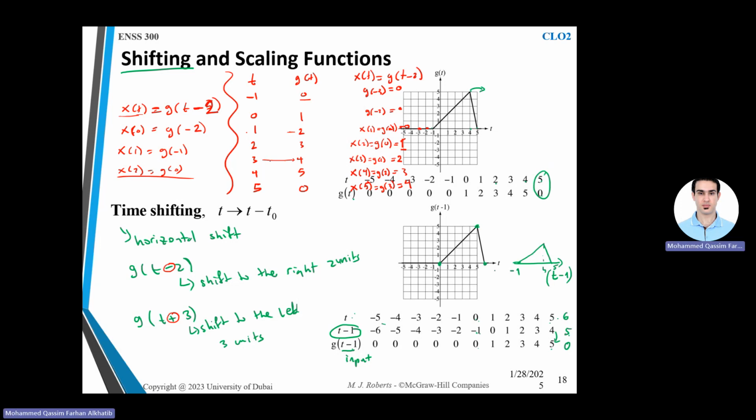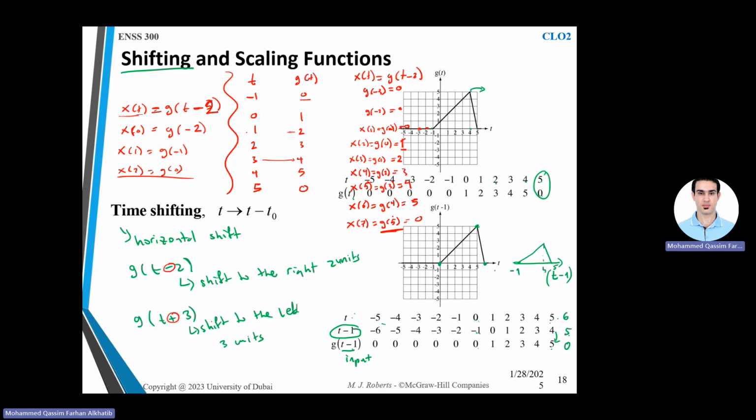Now, did I finish? No, I did not complete all points, I still have some values. Like when you go x of 6, that's going to be g of 4, that's going to be 5. X of 7, g of 5, that equals 0. Now, once I reach this point, then I can tell, okay, I'm done.